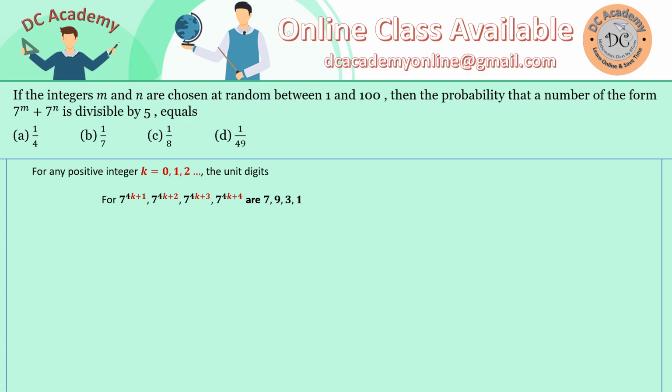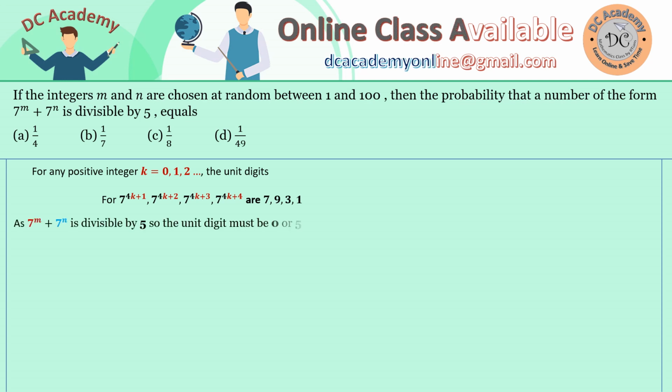So we are looking for values which added together give 0 or 5. But see that the unit digits are 7, 9, 3, 1. So we can't get 5 by any combination. Here the only possibility is getting the unit digit of the sum as 0.